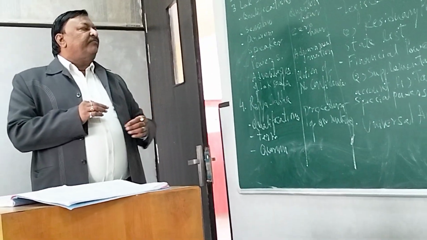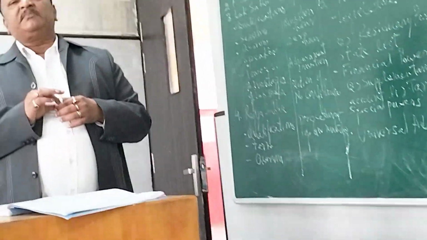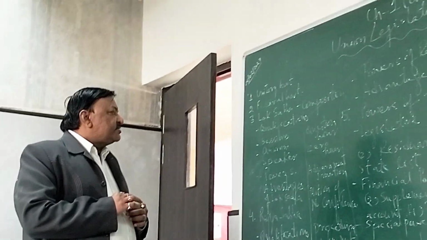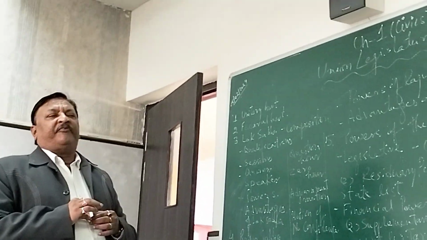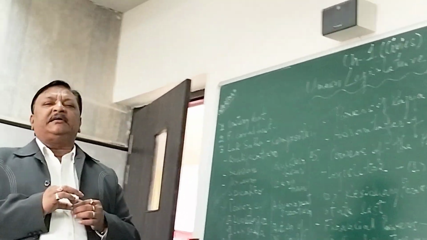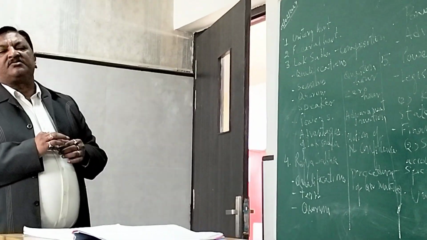Now come to the next word, that is called a quorum. What is a quorum? Quorum is defined as the number of members of the Lok Sabha which should be present for carrying out the work of the Lok Sabha, and it is 10% of the total number of members of the Lok Sabha.